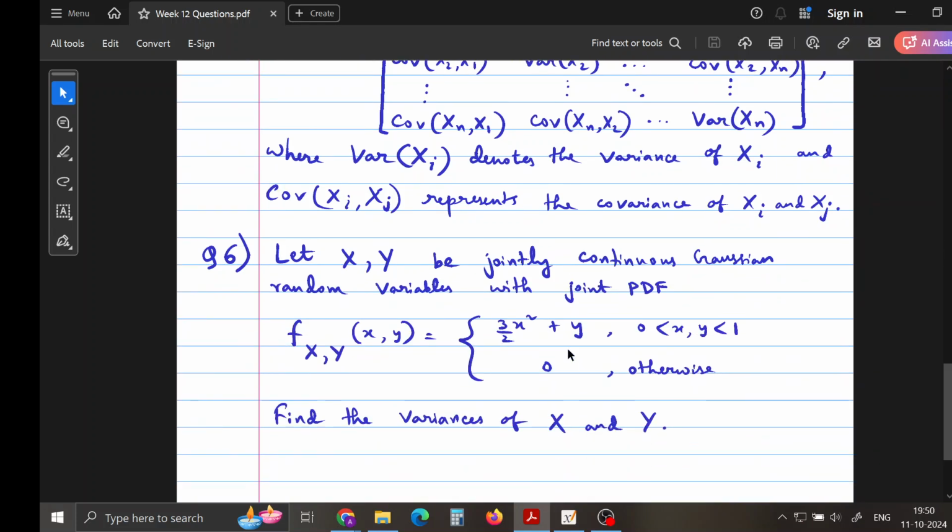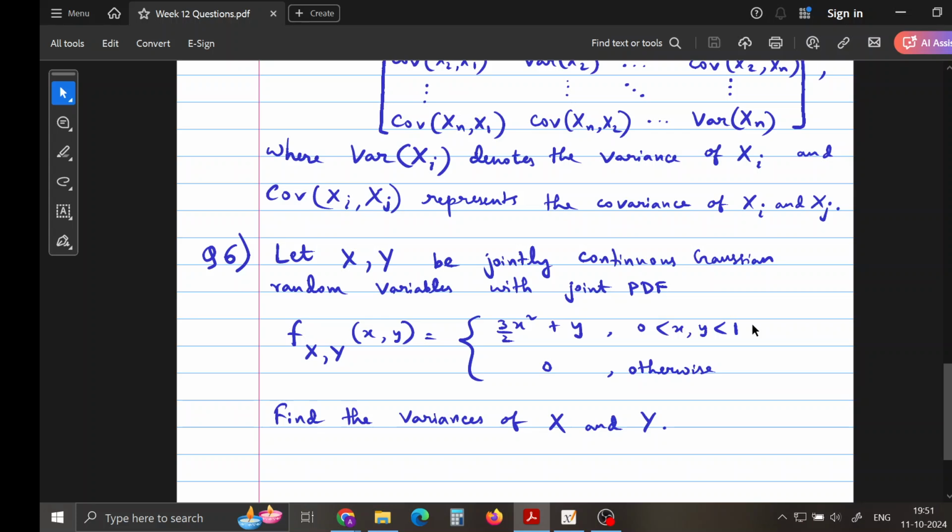Now moving to our last problem for today, I believe. Again, this is very basic probability theory. Since we discussed the jointly Gaussian PDF in week 12, this is also a similar question based on that, although it doesn't talk about the conditional Gaussian.